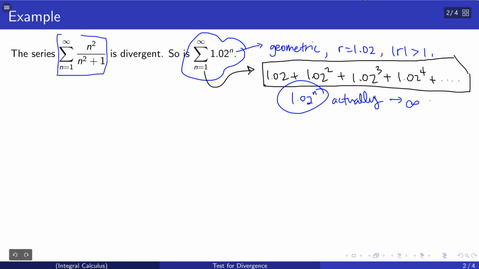Similarly, for this first series, n squared over n squared plus 1, I'm not even going to try to determine what the partial sums, S sub n, are. But again, look at your individual terms: as n goes to infinity, what happens to not S sub n, not your partial sums, but just the term in your series, A sub n?